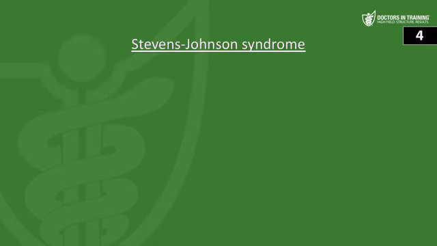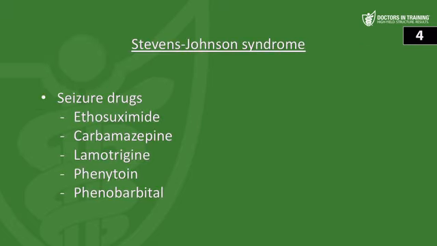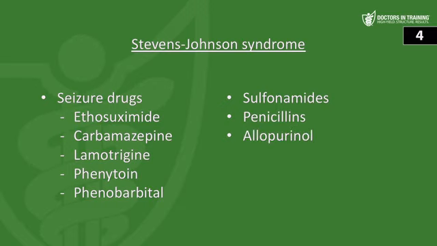Next, we have Stevens-Johnson syndrome. Remember, this includes seizure drugs, sulfonamides, and penicillins. Those are the general rules. And so your seizure drugs are going to include ethosuximide, carbamazepine, lamotrigine, phenytoin, phenobarbital. The one outlier that doesn't fit into this situation is allopurinol. That's another drug that can cause Stevens-Johnson syndrome. So remember, seizure drugs, sulfonamides, and penicillin.